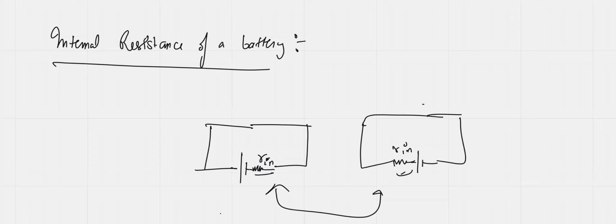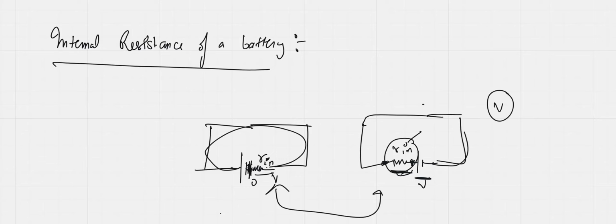If I ask you, Kirtana, what is the potential difference across it? This terminal of the resistance has V, assume this is a V battery, and this terminal is zero. So the potential difference is V. Here, this terminal contains zero and this terminal contains V, so again the potential difference is V minus zero.